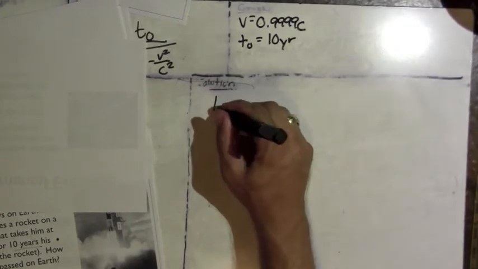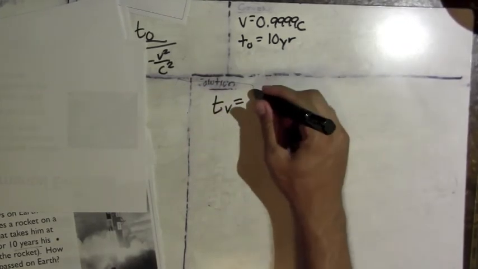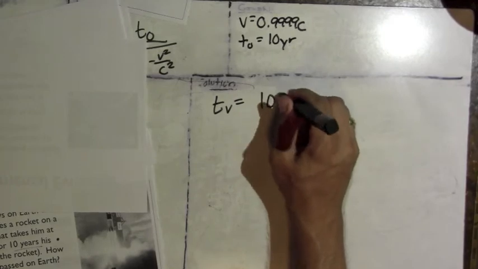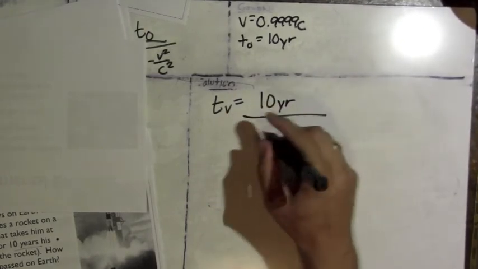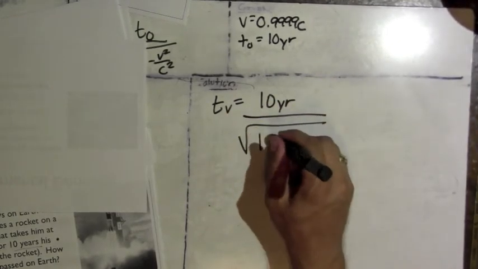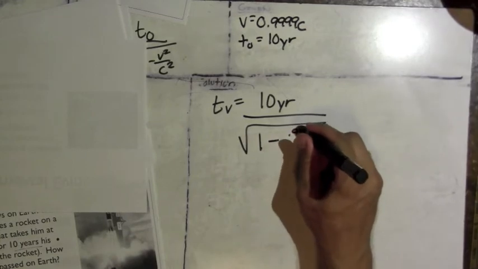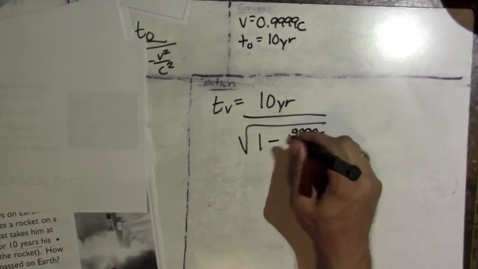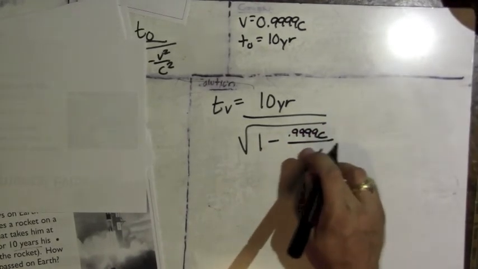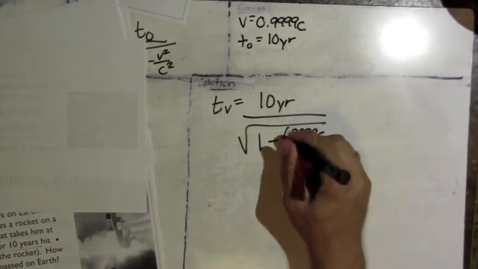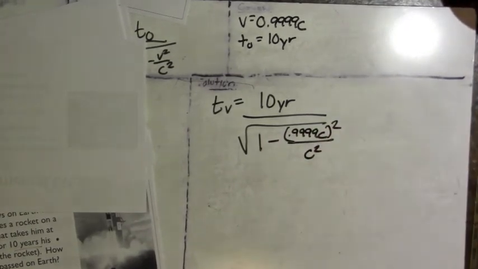We want to see how different Earth is going to be when we finish this journey. So what we're going to do is say our time that we're looking for is equal to 10 years divided by the square root of 1 minus 0.9999 c, squared, divided by c squared.